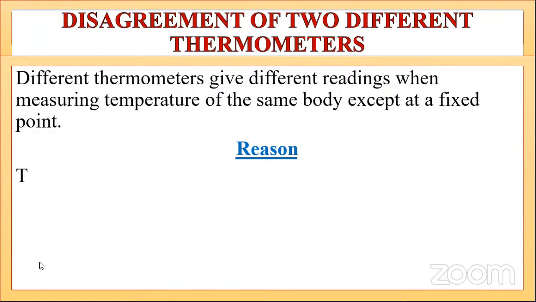So two different thermometers give different readings for the same temperature because they are using different thermometric properties, which vary differently with the temperature. Is that clear?